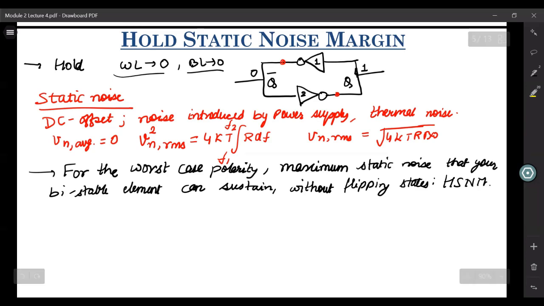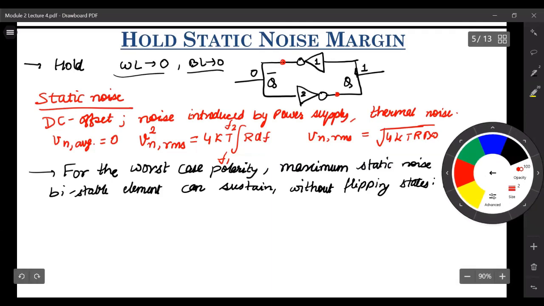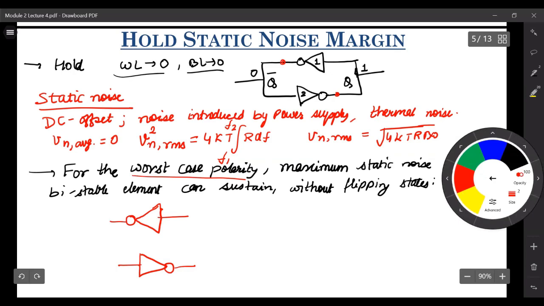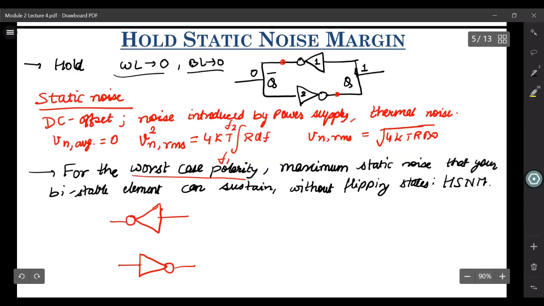So now with this definition, first what we need to do is find this worst case polarity. So let us look at our bistable element with these noise sources appended. Let us take the first case. Let me just draw the inverters. Let me use a different color, as you guys told me.